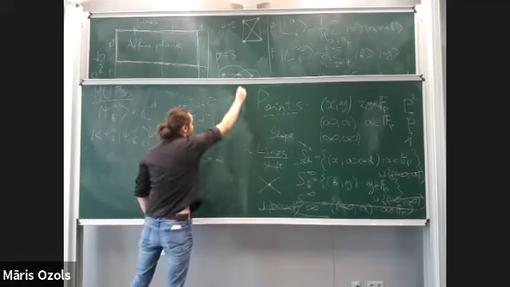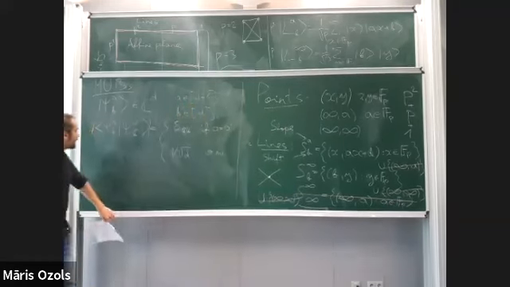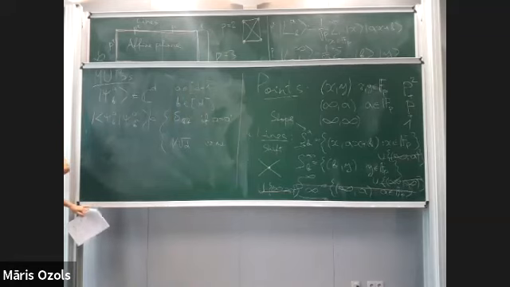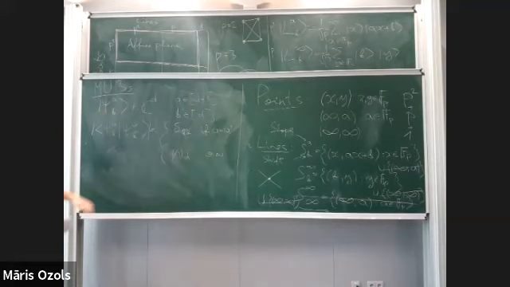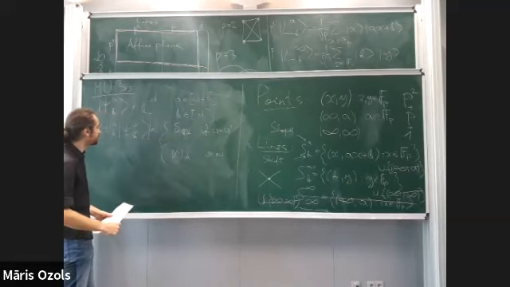And intuitively, you can think about these as follows: A determines a basis and B determines a vector within the basis.